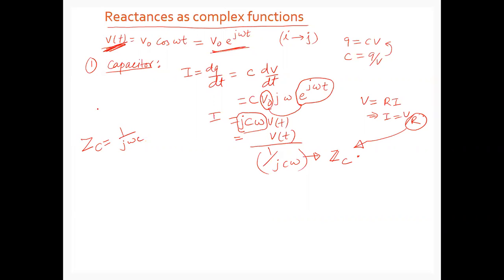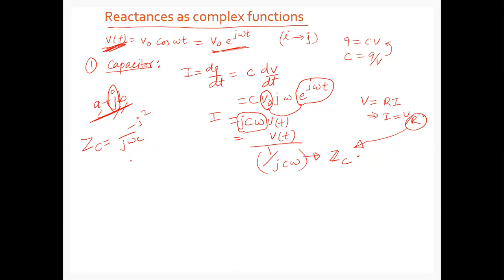But the thing is, we write a complex number in the form A plus jB, right? Your j is on the bottom, okay? But the j has to be on the top, because it's A plus jB, not on the bottom. So you have to somehow bring that j to the top. Can I write that 1 as negative j squared?